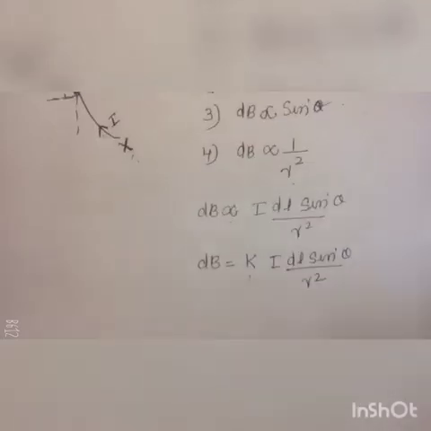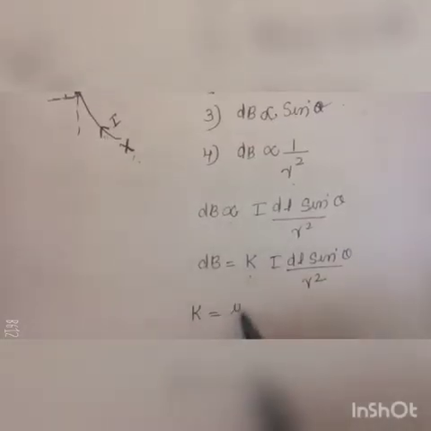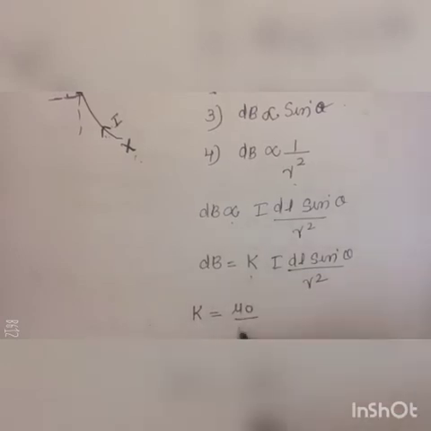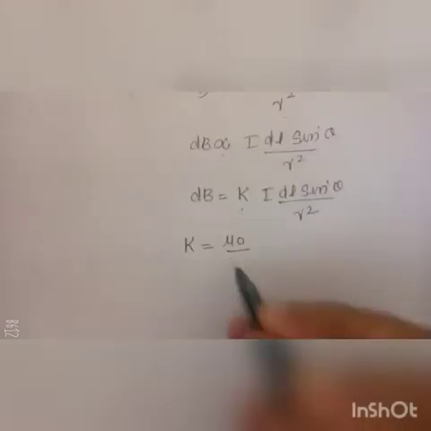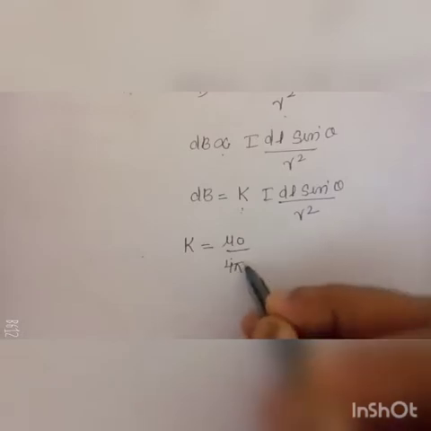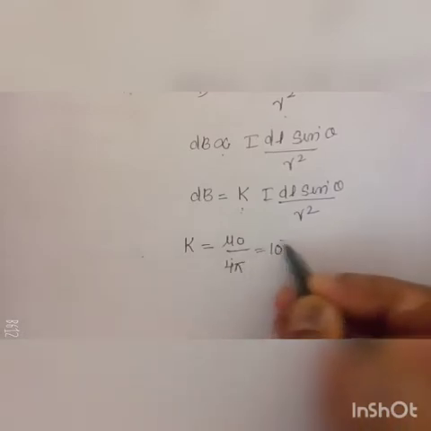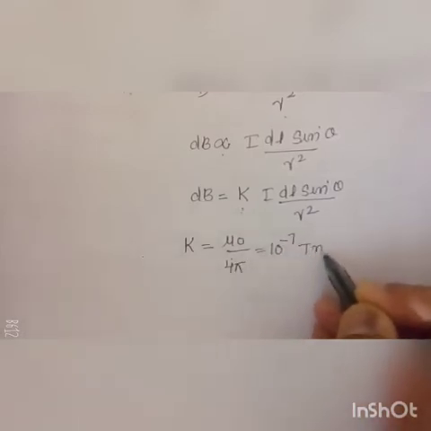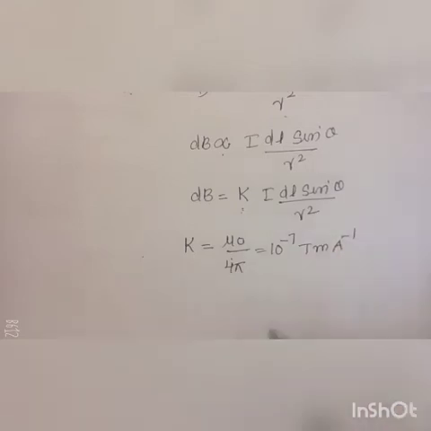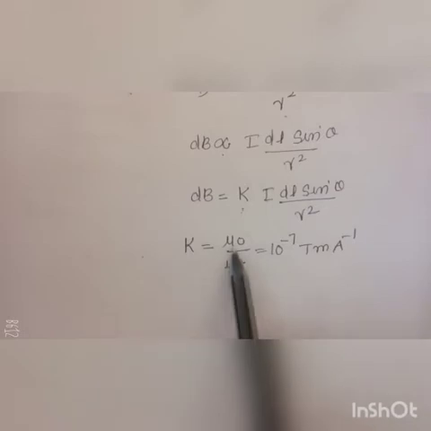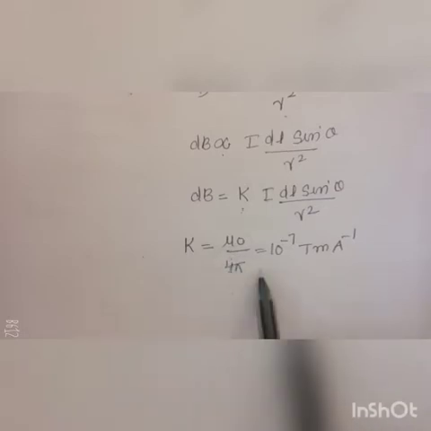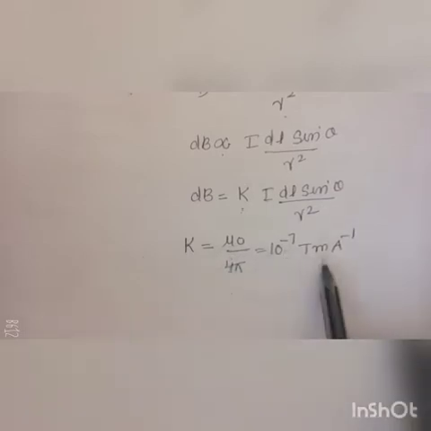For free space, k is equal to mu 0 by 4 pi, which is equal to 10 raised to minus 7 Tesla meter per ampere.